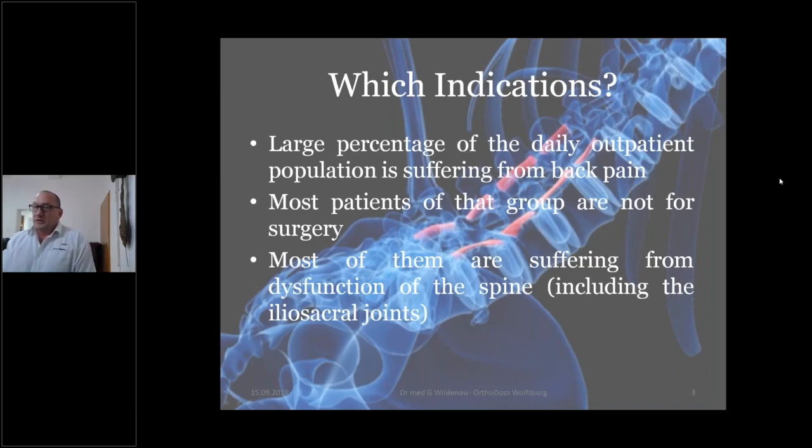So now, what are the screening tools that we use to get a better view on the function of the spine, on the function of the pelvis, of the iliosacral joints, of the whole system? As you are well aware, the human body is a system of 30 billion cells working like a swarm of fish, and every single cell has a function in that system.